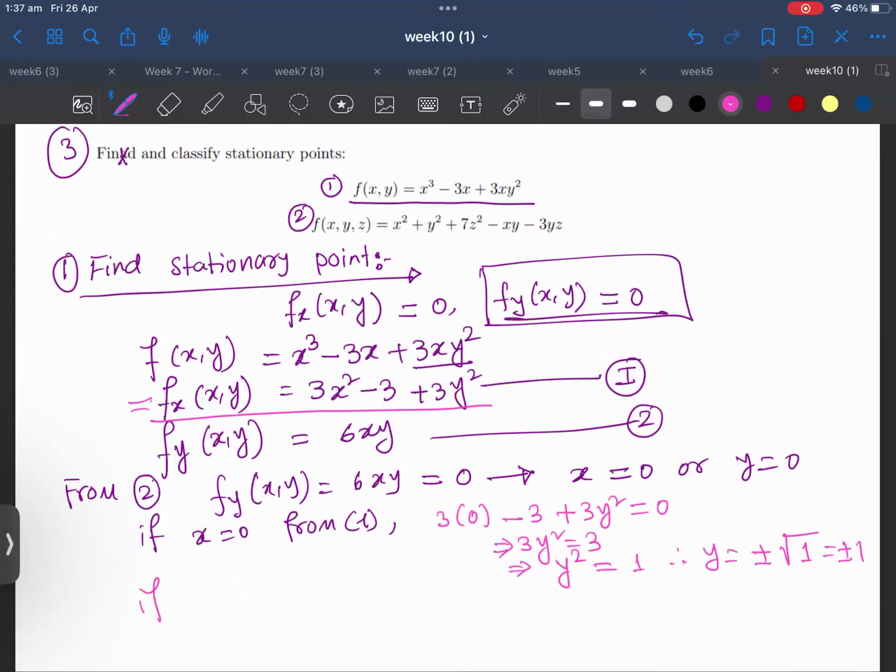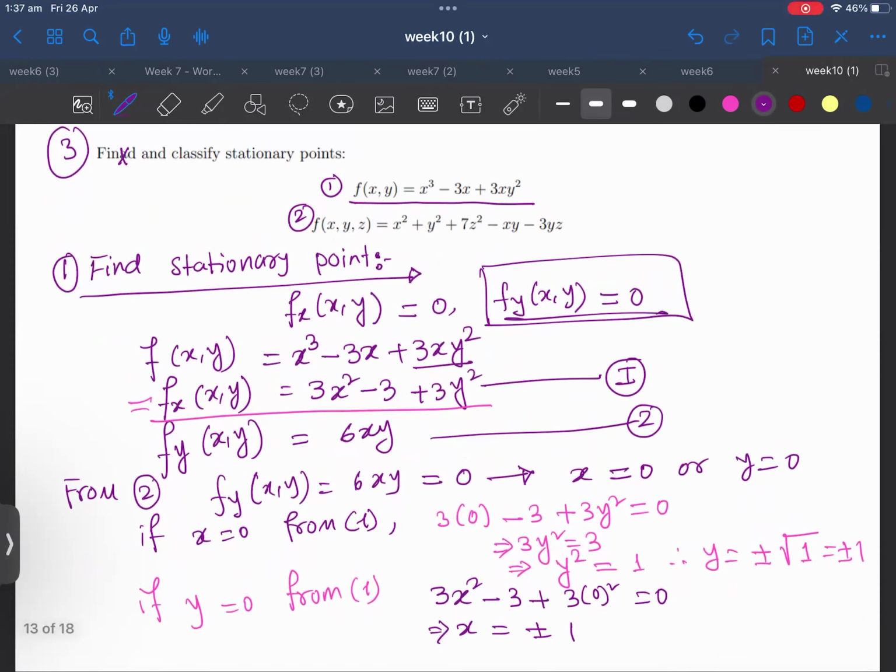If y equal to 0, then from 1, we have 3x power 2 minus 3 plus 3 times 0 square equal to 0. So similarly, x equal to plus minus 1.